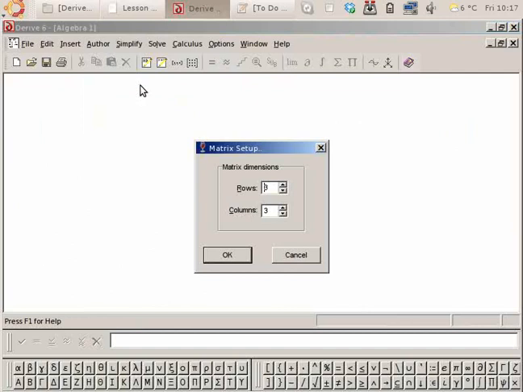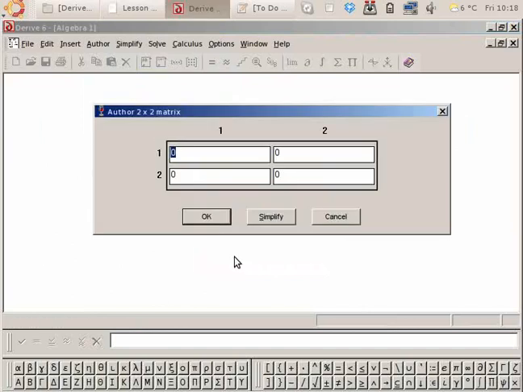Well, I'm sure most of you know, but if you didn't, rows are this direction and columns are this direction. So if we want our normal 2-2 matrix, we have to put in 2 and a 2 here. So we'll do that first. So 2 and 2 and OK. And then this window should open up.